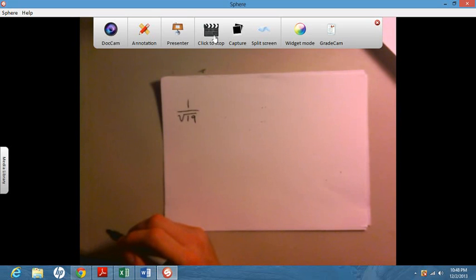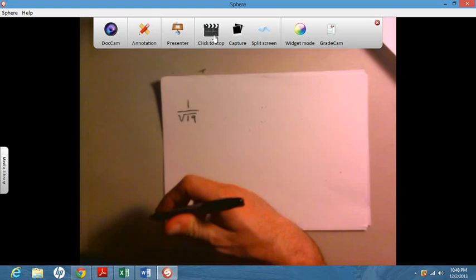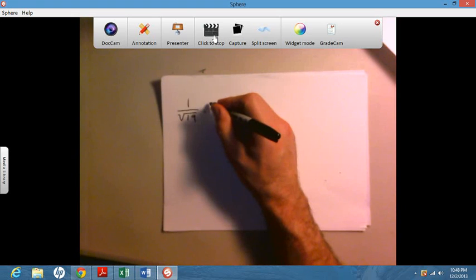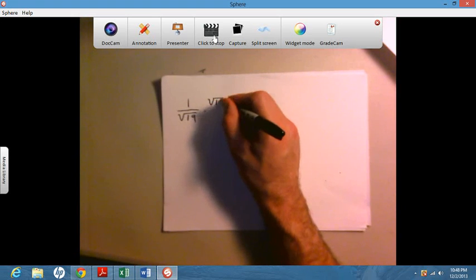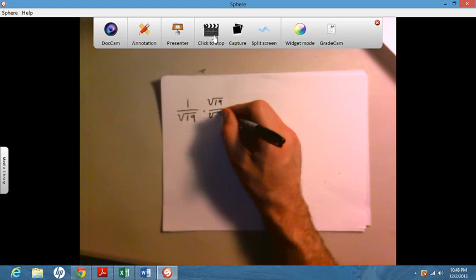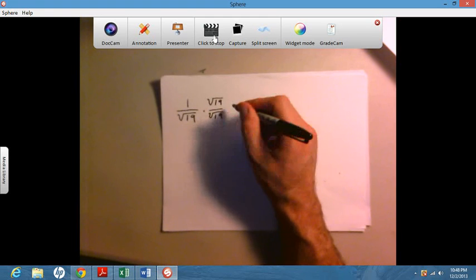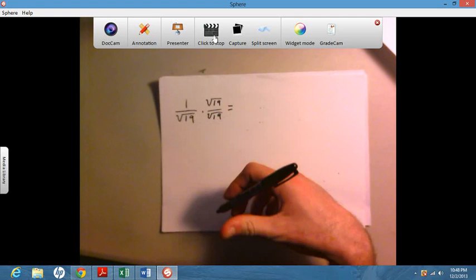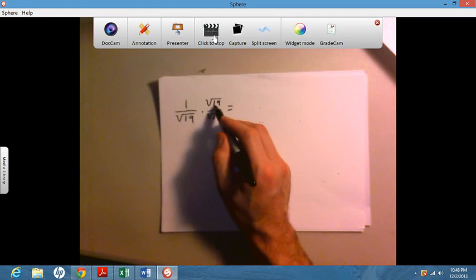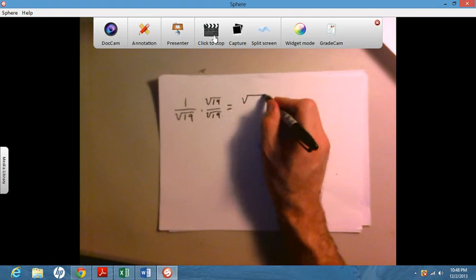So what I'm going to do is multiply by the square root of 19 divided by the square root of 19. I can do that because the 19s cancel out, and they don't change the number. They just change the way we write it. Now 1 times the square root of 19 is the square root of 19.